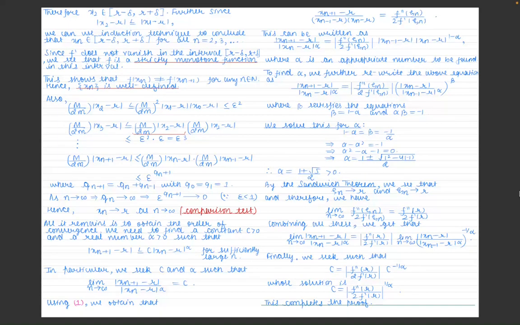So you keep on doing this and you will get some epsilon to some power, where this qn is obtained like this. So it is a Fibonacci sequence with q naught the same as q1, which is 1.